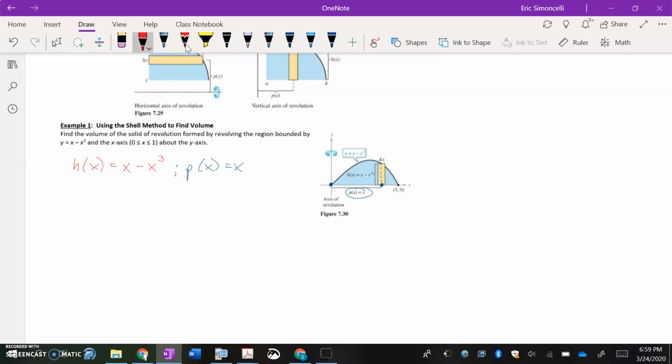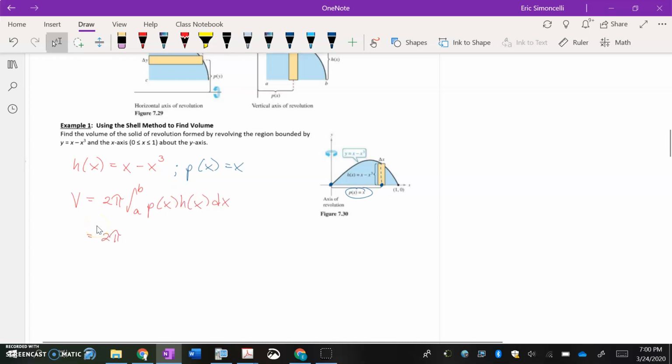Okay, so now we're actually ready to set up our volume equation. So volume equals 2 pi, because again, this is a shell that we're incorporating, from A to B. We'll talk about the lower and upper bounds in a moment. And simply, according to the formula up above, it's P of x, H of x.